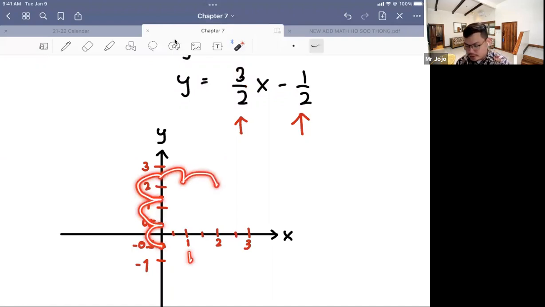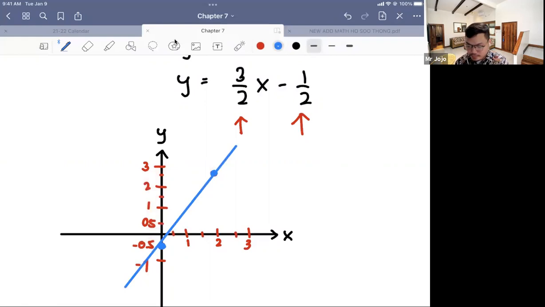So your second point is here. Let me use blue on this one. Again, 1, 2, 3, 3 steps up, and then 2 steps to the right. So from here, 1, 2. And there you go, that is your line.